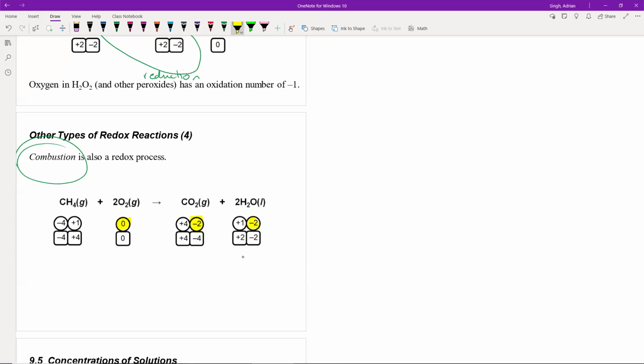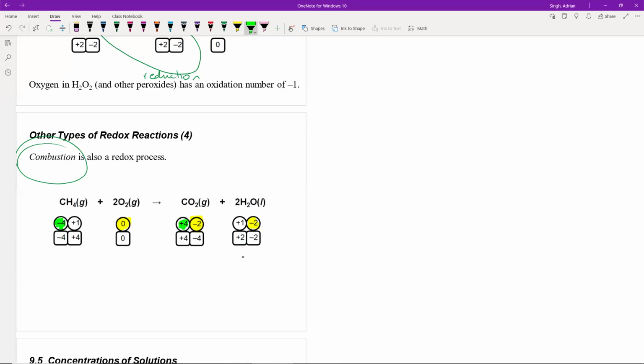And even though it's not apparent in this example, both the carbon and the hydrogens are undergoing oxidation. And again, we can see here the carbon starts off with an oxidation number of -4.